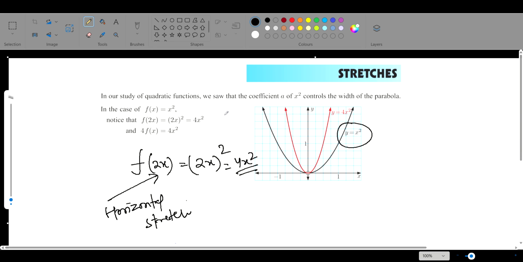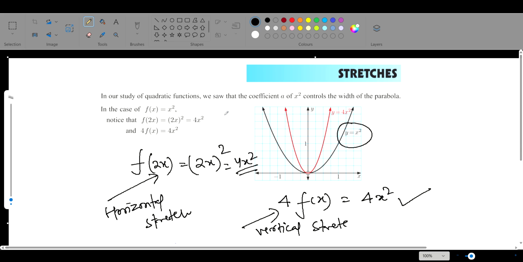On the other side, when you multiply outside, like 4 times f(x), you know f(x) was x square, and since you multiplied with 4, again it is 4x square. But since you're doing it outside, it is a vertical stretch.